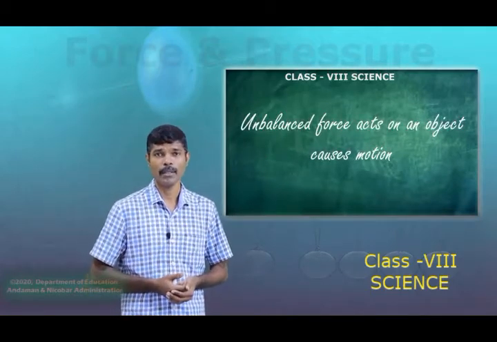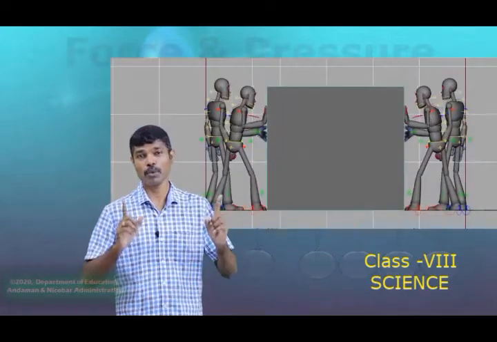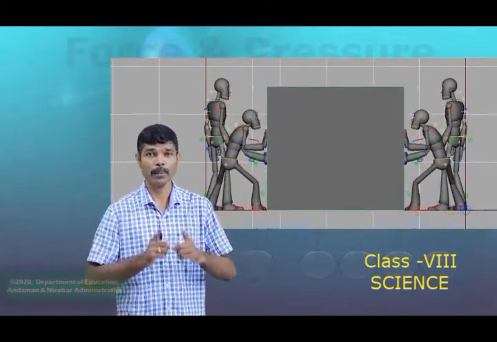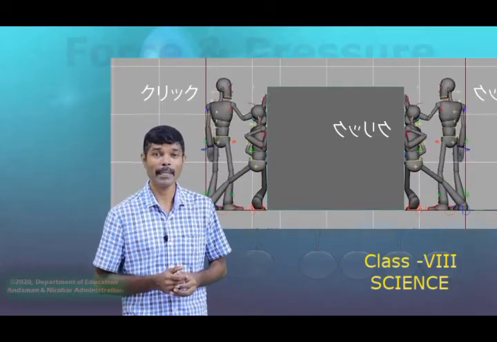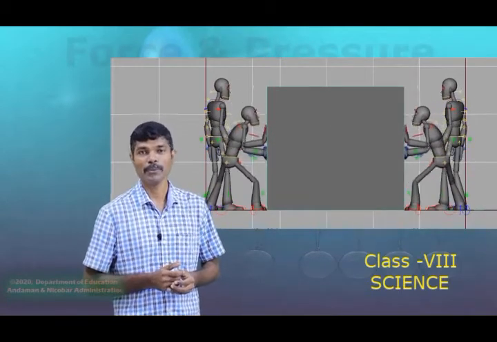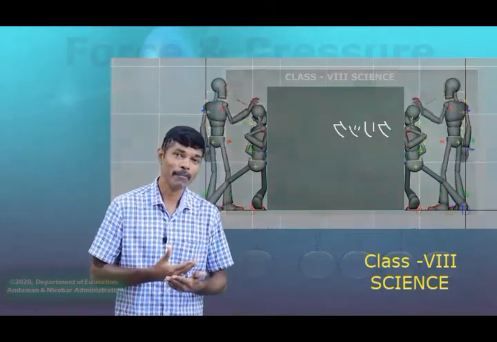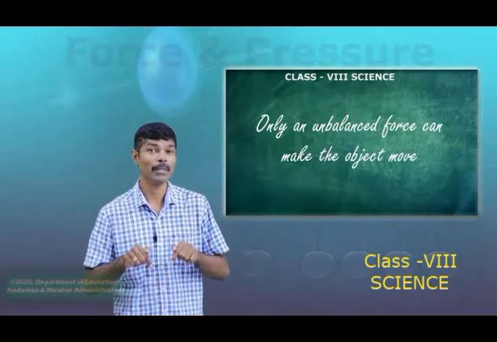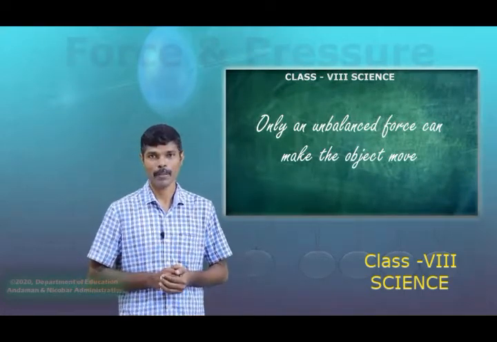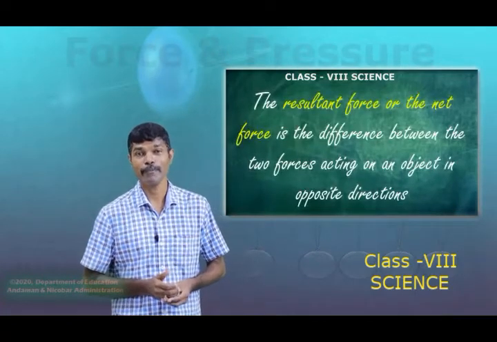In the second case, two persons were pushing the box opposite to each other, but they couldn't make the box move. So what factor of force makes an object move? This is what we have to learn in this class. It is the resultant force or the net force.